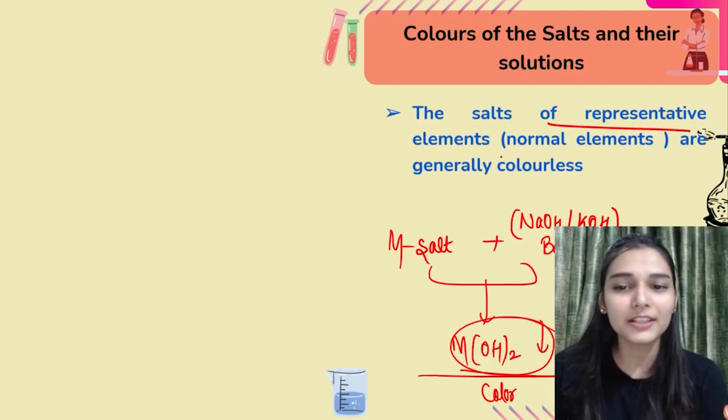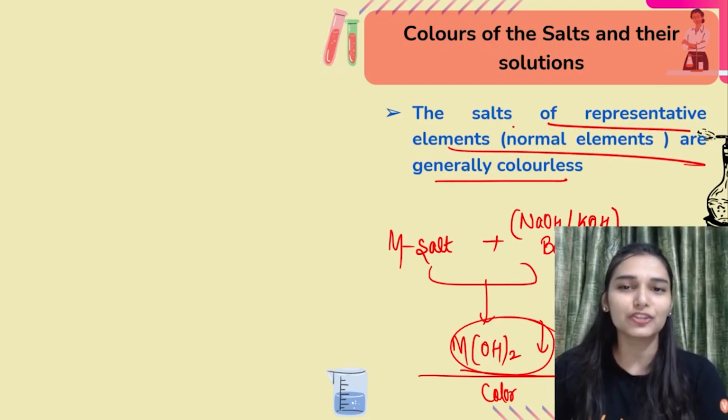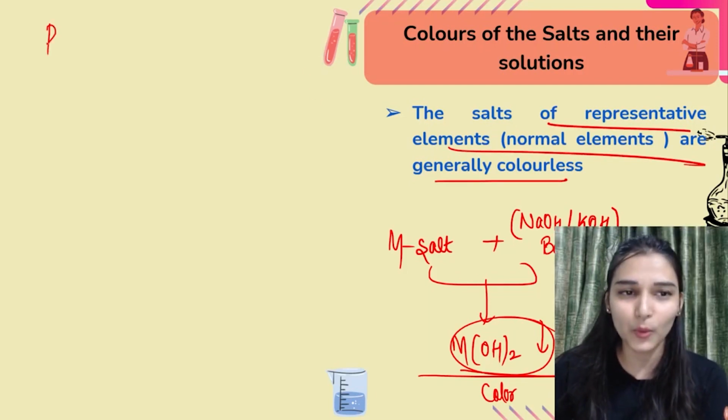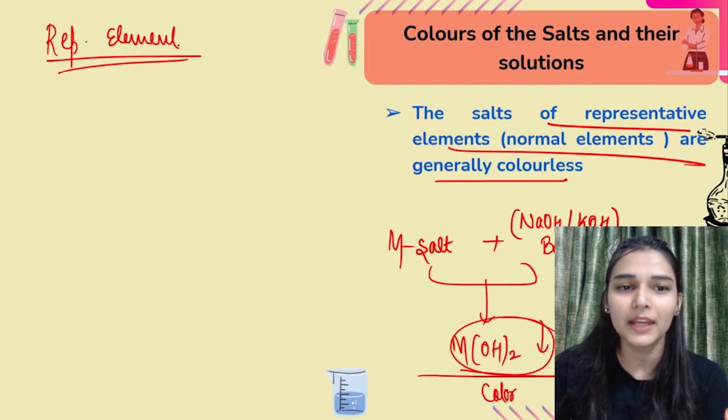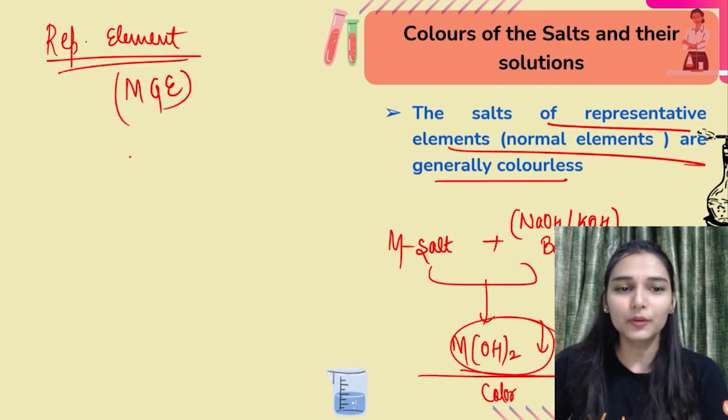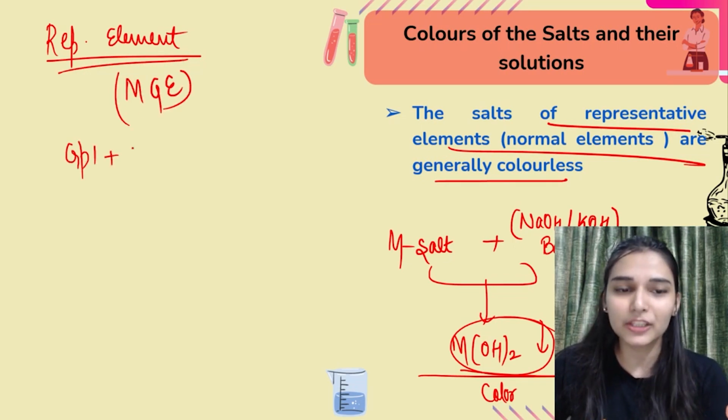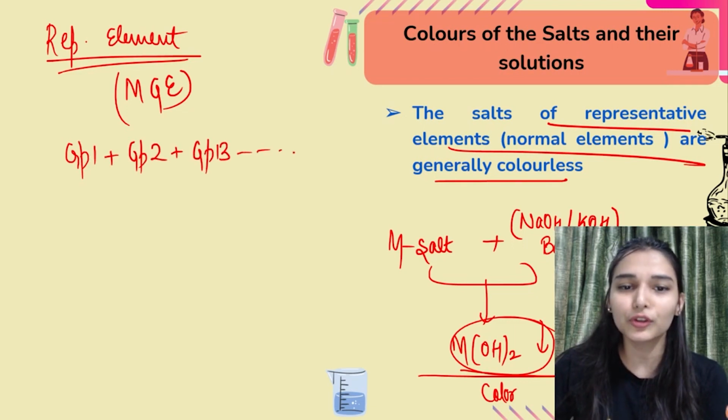Like, the salts of representative elements are generally colorless. When I say representative elements, who comes in representative elements? Main group elements. We are talking about main group elements. That means elements of group number 1, group number 2, group number 13 to group number 17, excluding the noble gases.